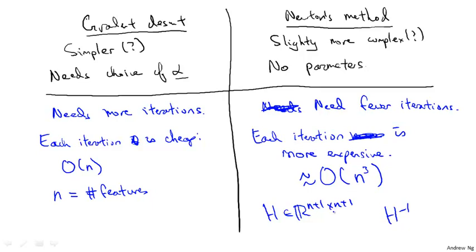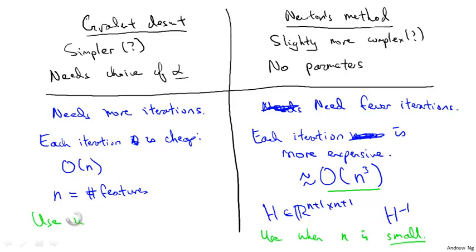And so, if n is small, we'll say exactly what small means. When n is small, when you have a small number of features, then the cost per iteration won't be too much, and Newton's method may be preferable.